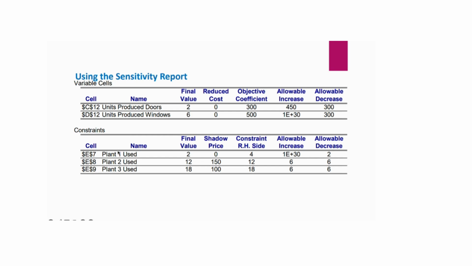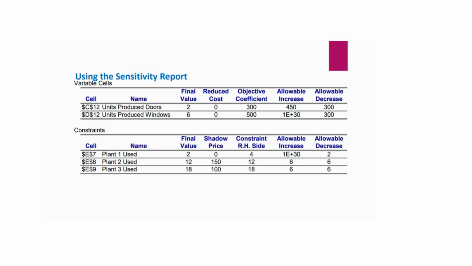So here we have plant 1, plant 2, plant 3, hours used. We'll focus on the shadow price and the allowable increase and allowable decrease in terms of hours. So we have 4, 12, and 18 hours, which are on the right-hand side of the functional constraints.